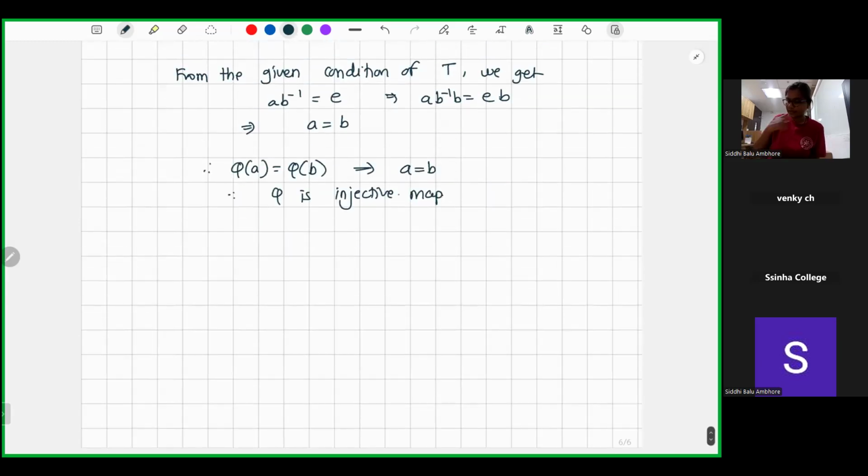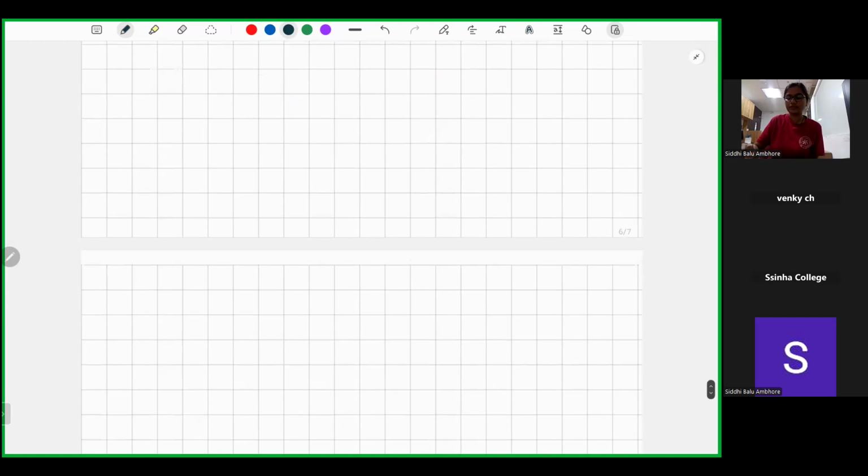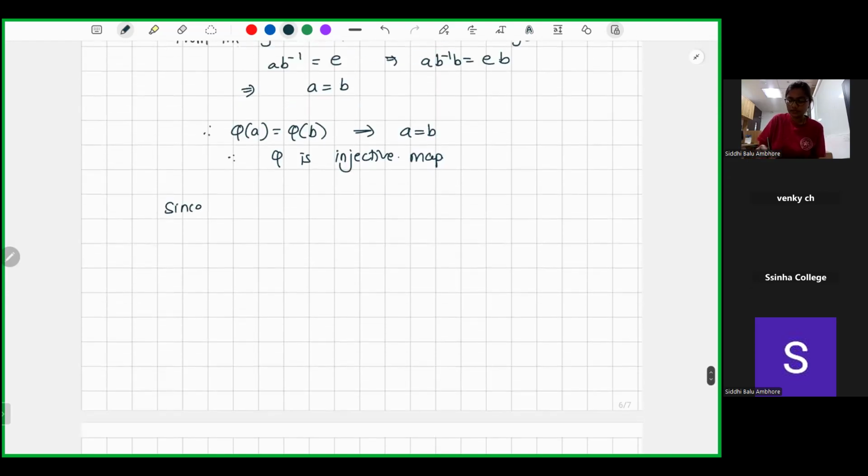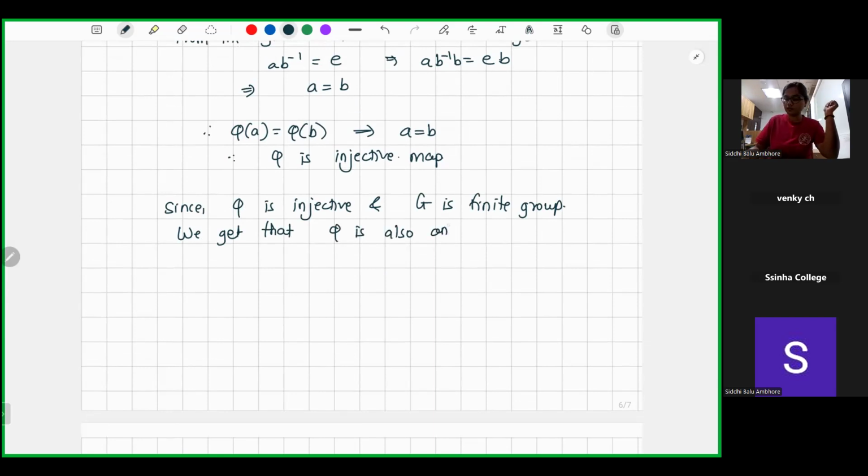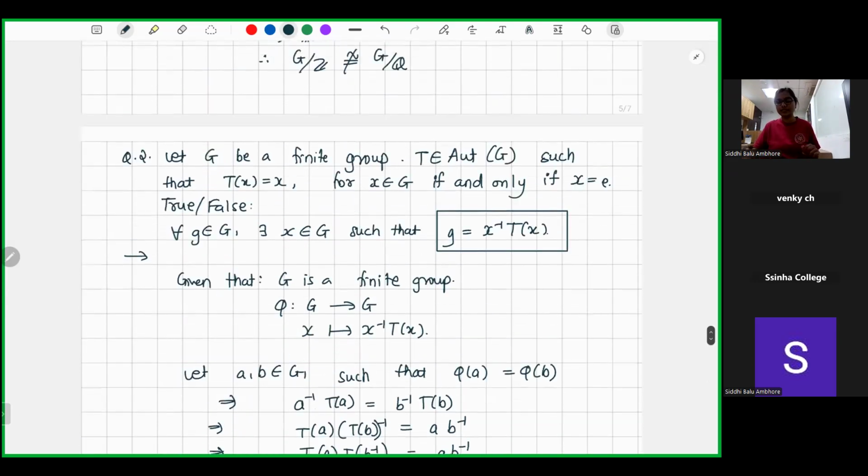And as I mentioned earlier, since phi is injective and G is a finite group, we get that phi is also an onto map. Is this okay? Is there any problem here?